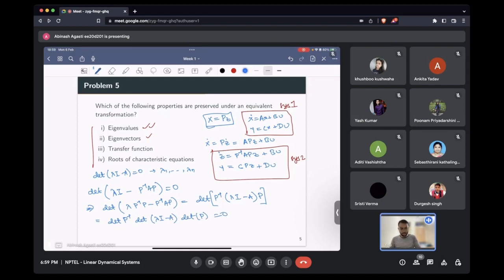Now see, these three terms are just scalar values, and we know that the determinant of P inverse is 1 by determinant of P, so these two will essentially get cancelled.